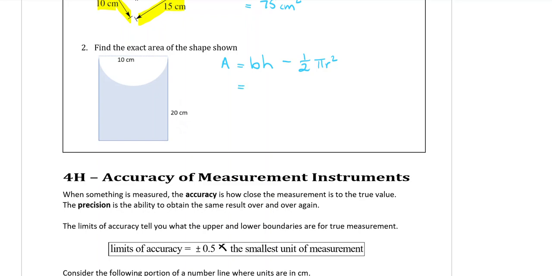Subbing into the formula, the base and the height of the rectangle is 10 times 20. Then the circle, we have half times pi times the radius of the circle. The 10 would be the diameter, so the radius here would be 5, so 5 squared. Giving that answer to 2 decimal places, you get 160.73 centimetres squared.